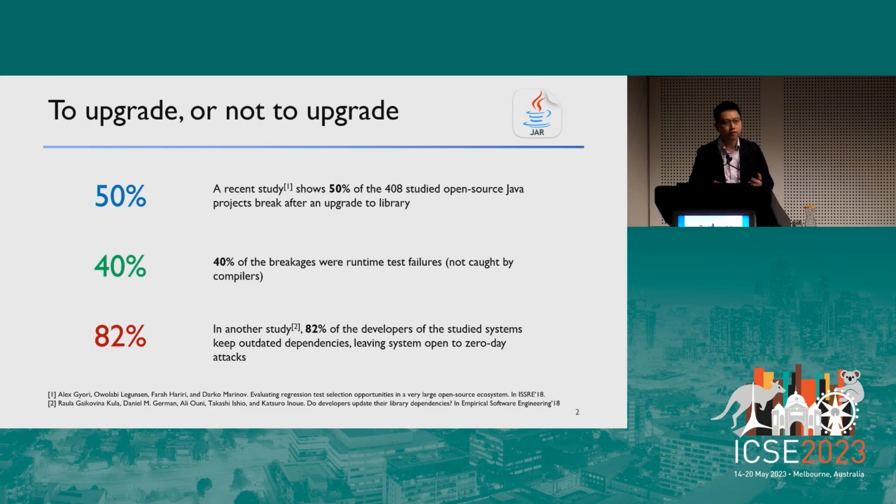Therefore, developers often try to avoid upgrades of the libraries because it causes too much trouble. In another study, 82% of developers say that they keep outdated dependencies. However, not applying upgrades may cause other issues, such as security concerns. Right? So what do we do?